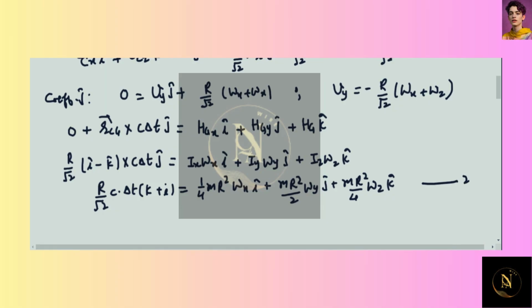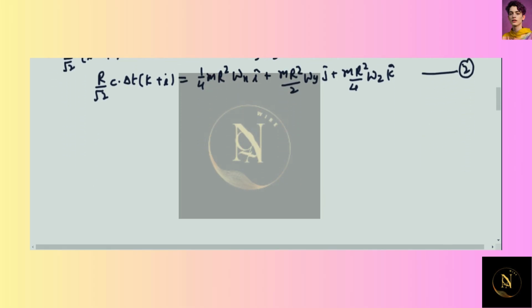See equation number 2. Now equating the coefficients of i cap, j cap and k cap, for i cap, r upon root 2 C delta t is 1 by 4 mr square omega x, say equation number 3.